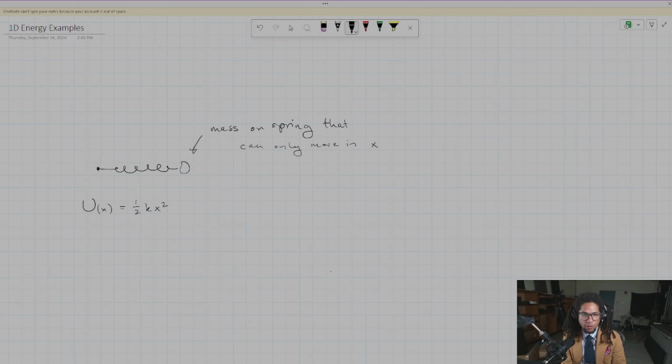Okay, now what this means is that the total mechanical energy, E, is going to be given by 1/2 kx squared plus 1/2 m x dot squared. Good. Now, we also know that this is going to be equal to the initial total mechanical energy.